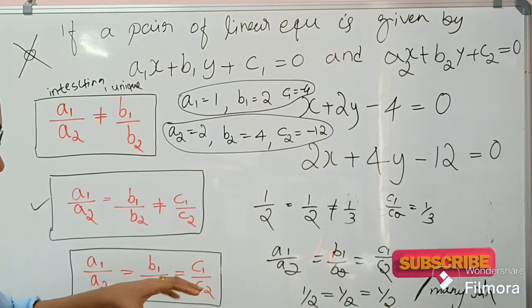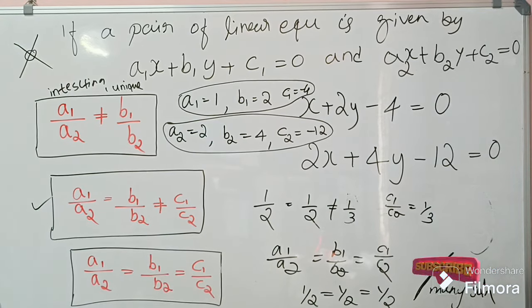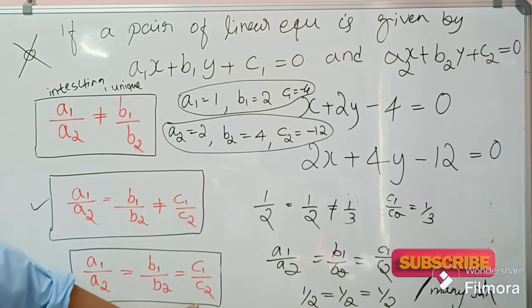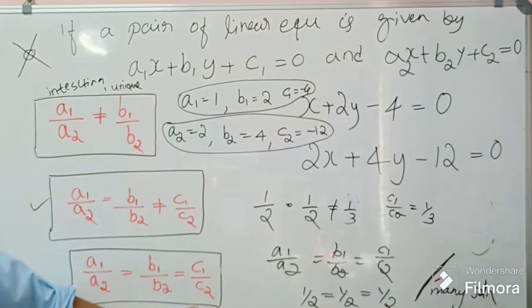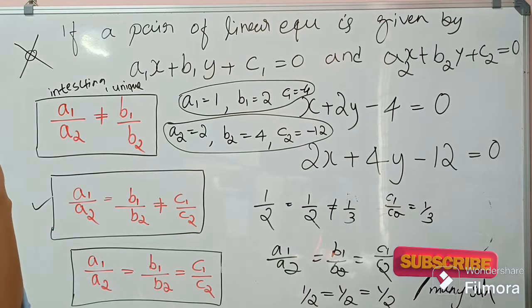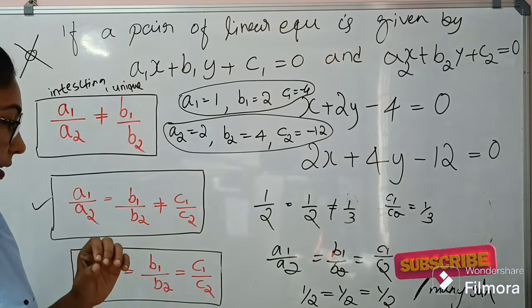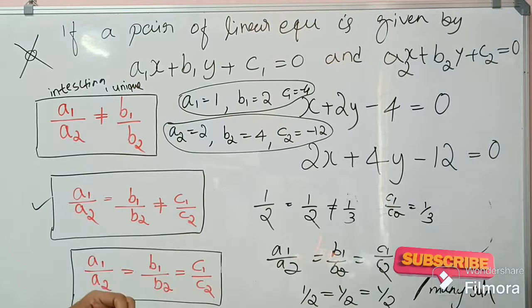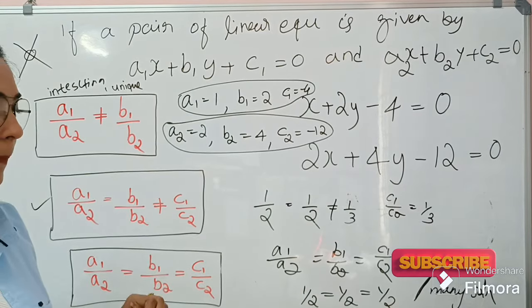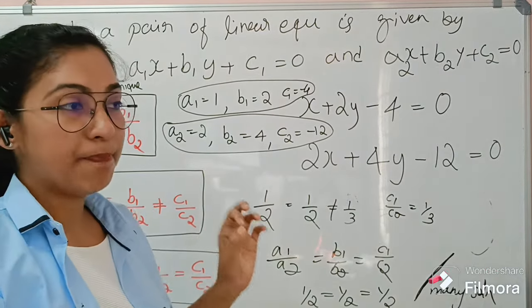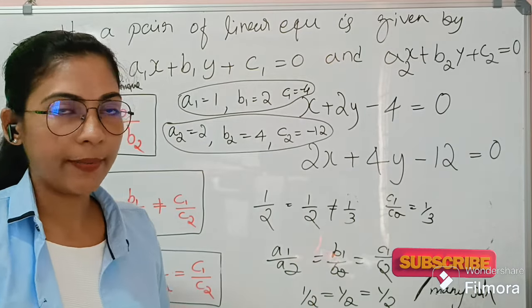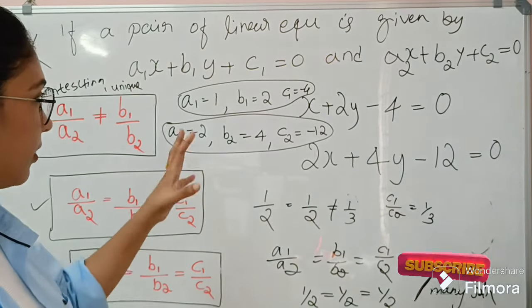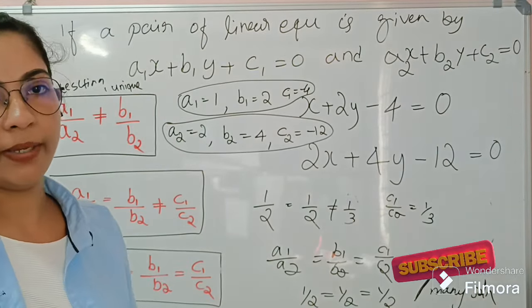If the given linear pair equation satisfies this format, then we can conclude that the two lines coincide and it has many solutions. Okay. So these are the important three conditions in the graphical method.